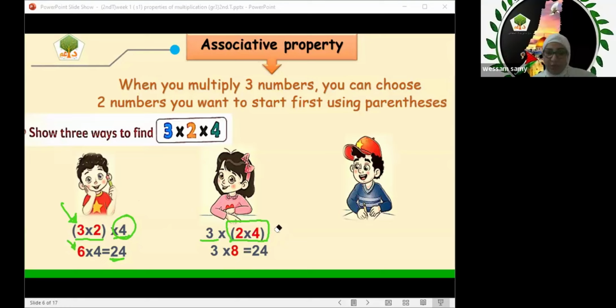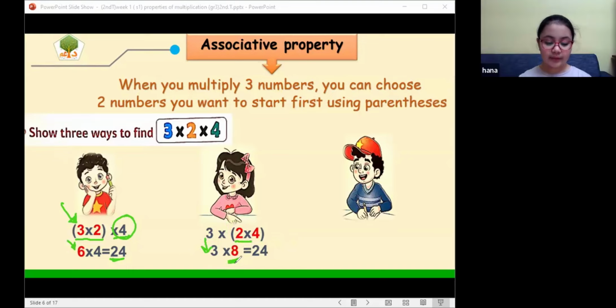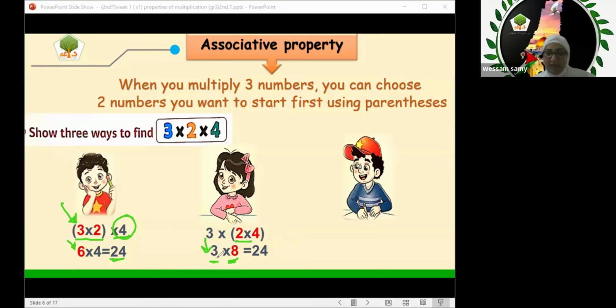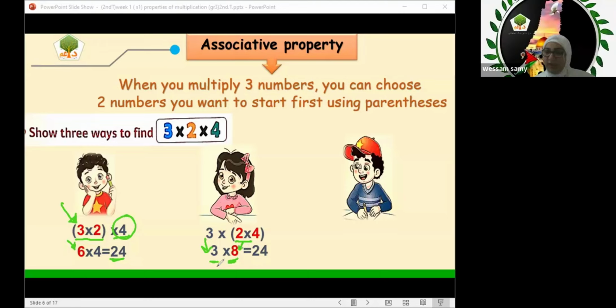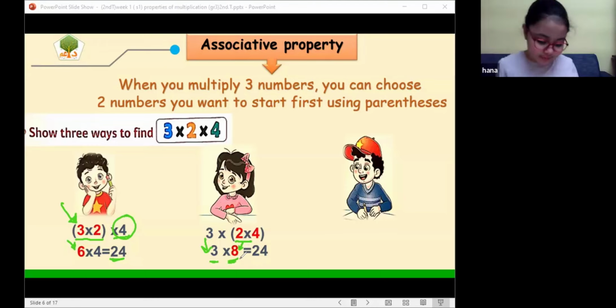So if she started by multiplying 2 times 4, it means she will drop the 3 as it is, and the 2 times 4 is what? And the result, we multiply it with the 3. So what she got from the brackets was 8. She multiplies 3 times 8, equal 24.